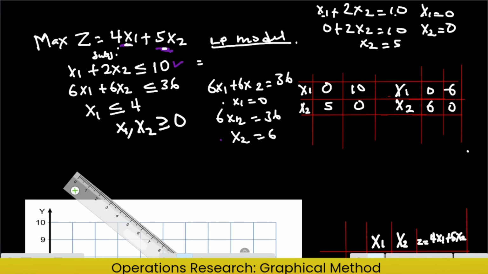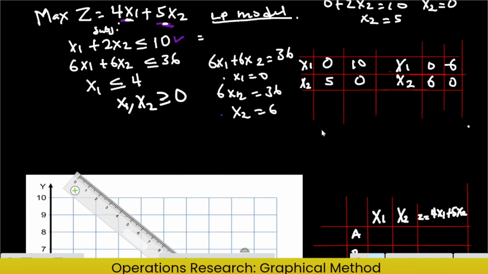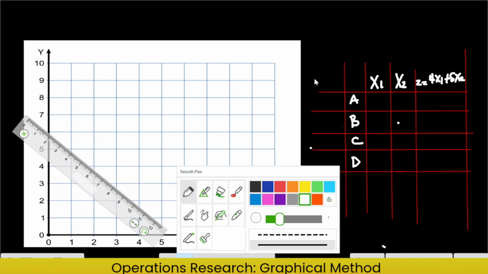So let's do that. This is my graph here. The first aspect: we said when x1 was equal to 0, we had the value of x2 equal to 5.